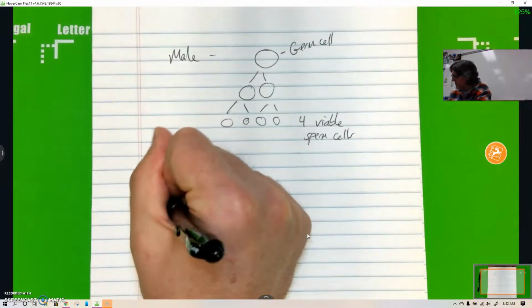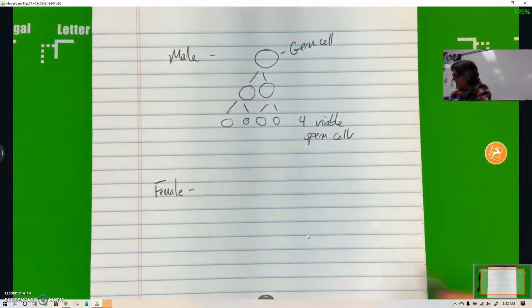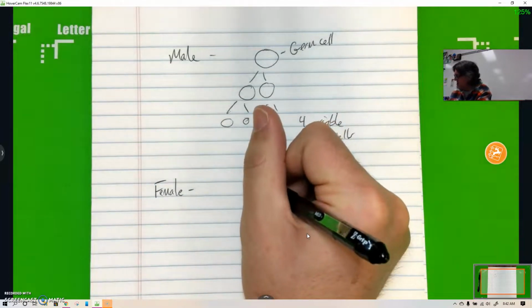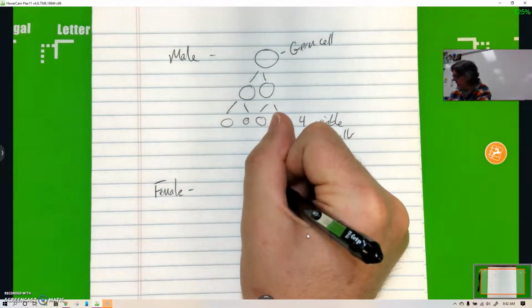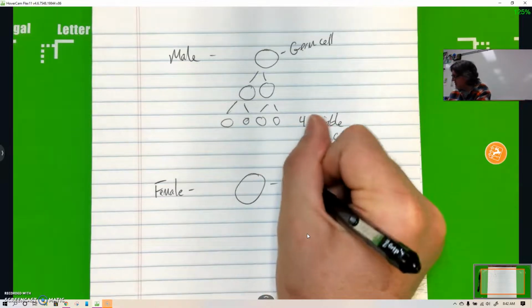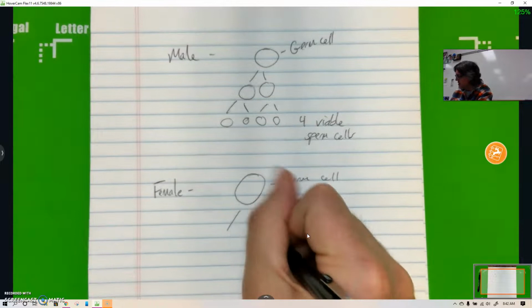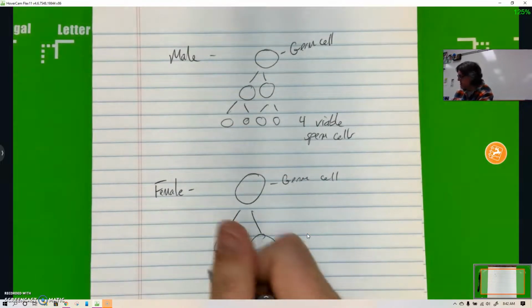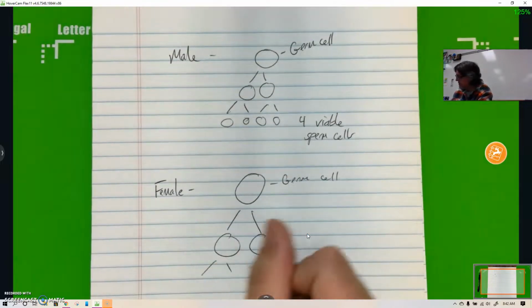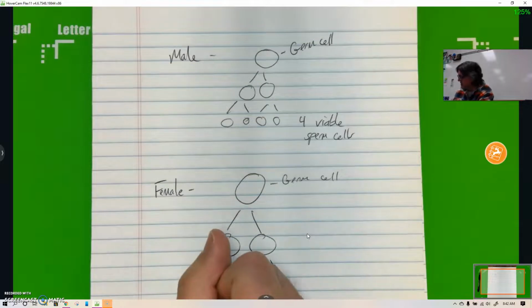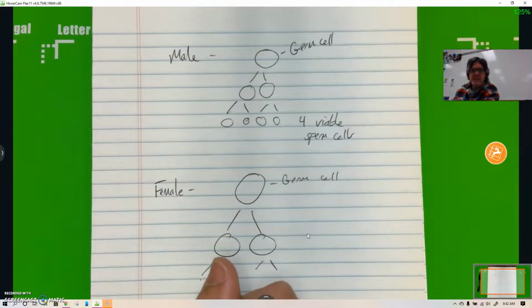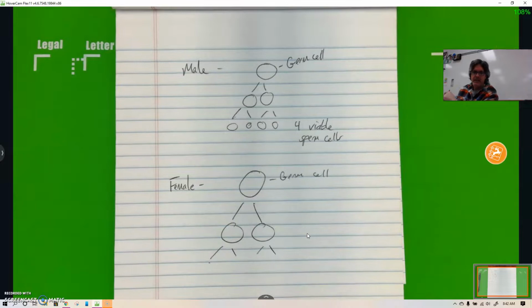All right. In females, girls, what they do is they have again a germ cell. This germ cell goes through 2 divisions, just like the males. Okay. The result's a little different, however. The cytoplasm doesn't split evenly.